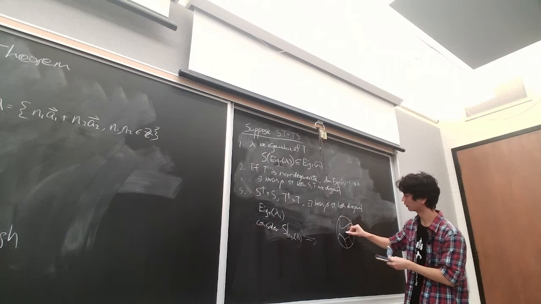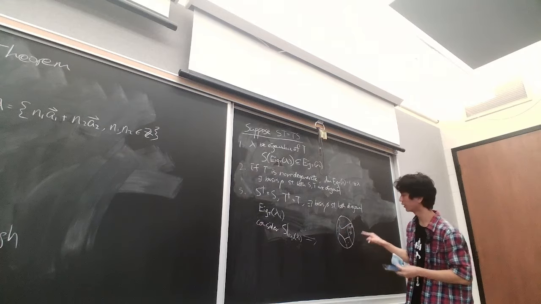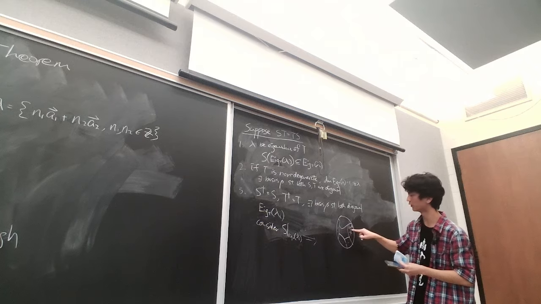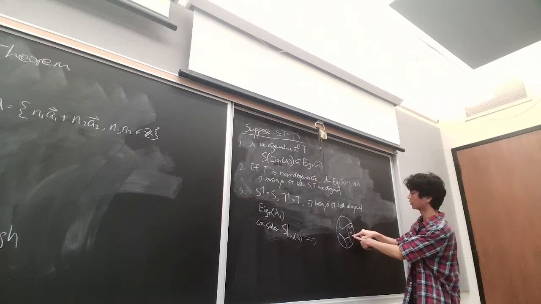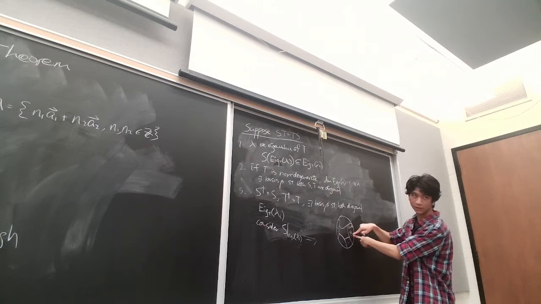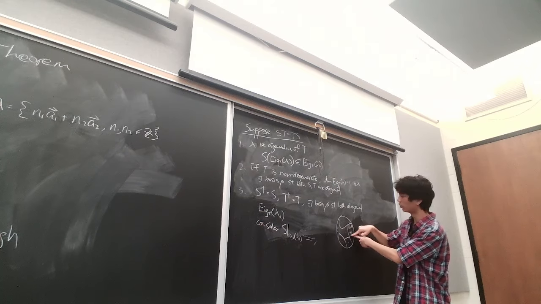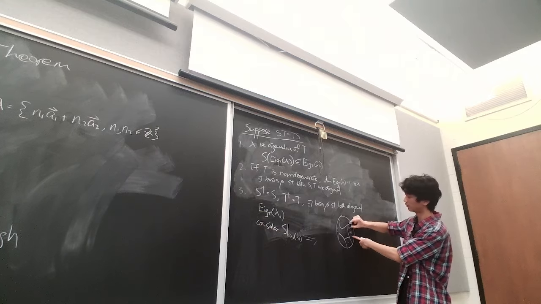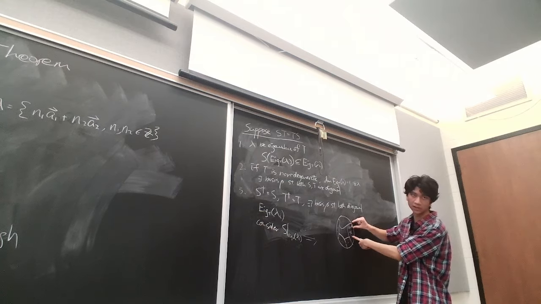So for each of these subspaces, we can apply the spectral theorem to the restriction of S to get eigenvectors of S. But these eigenvectors are also eigenvectors within this eigenspace, which means they're eigenvectors of T.